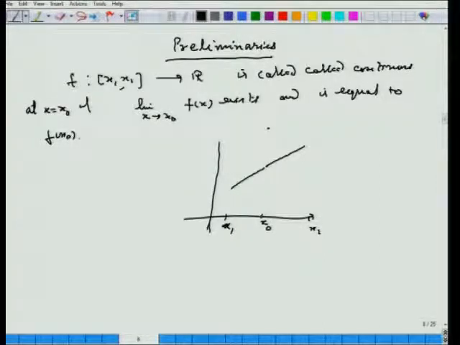At all these points the function is like this, and all these points on the right the function is like this up to x2, but at this point x0 the value is here. Although the limit as x tends to x0 exists, it will not be equal to the value of the function, which is actually this. So this is a discontinuous function.